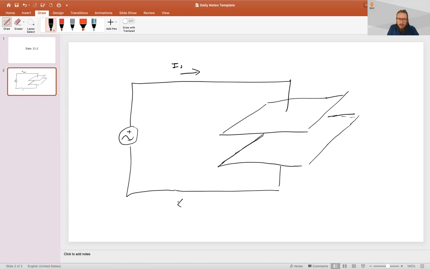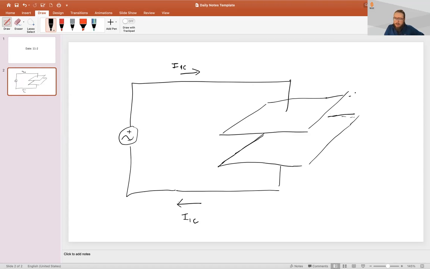Would that current be the same as the current here? Yes, it's the same. So this is a conduction current, in the wire.